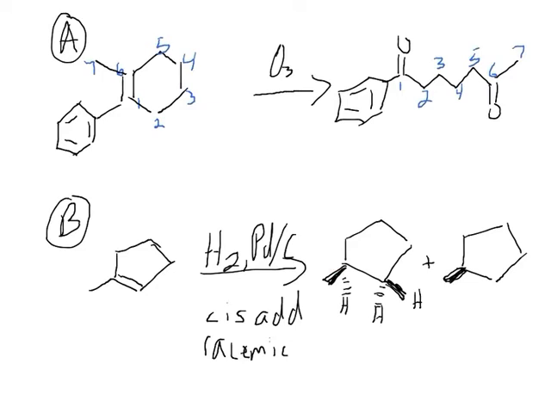So in this one, the H is going to be coming up, and the methyl will be going back, but we still have the other H going up, the other H going back. The biggest point here: cis addition, and we get a racemic mixture, which means a 50-50 mixture of R and S enantiomers.